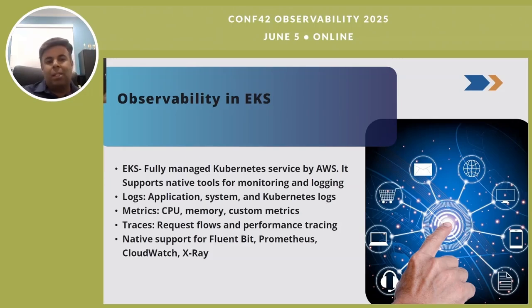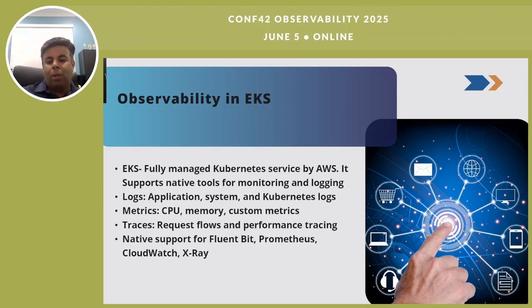Everything is traceable. Whatever requests are coming in and going out, like request flows and performance tracing, we can trace everything. Fluent Bit helps us trace all the logs and performance metrics. That is the advantage of having Fluent Bit as a log processor in the AWS EKS environment.